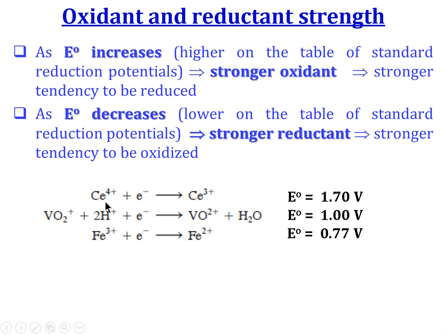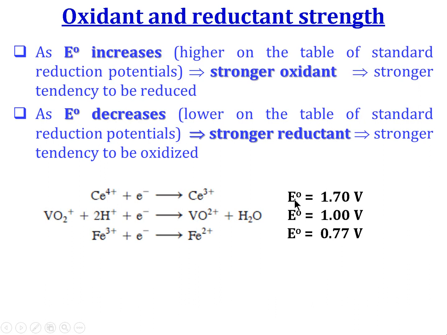Consider an example: cerium 4+/cerium 3+, VO2+/VO2+, and Fe3+/Fe2+. So cerium 4+, VO2+, and Fe3+ are oxidants. Cerium 3+, VO2+, Fe2+ are reductants.